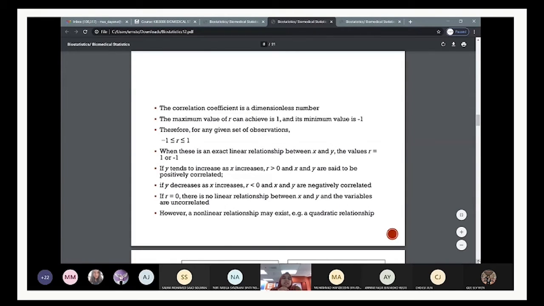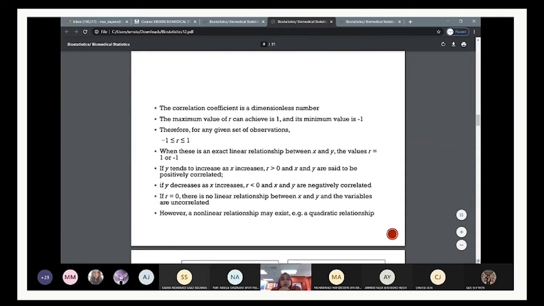This value will determine whether you have an exact linear relationship between X and Y. If Y increases as X increases, then logically your R value will be more than 0, and it's said to be positively correlated. If Y decreases as X increases, the R value normally will be less than 0. It's going to be a negative value, so we call it negatively correlated.